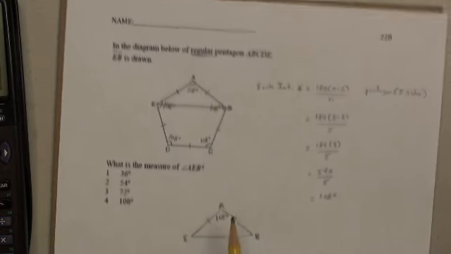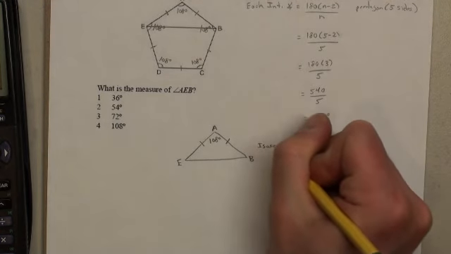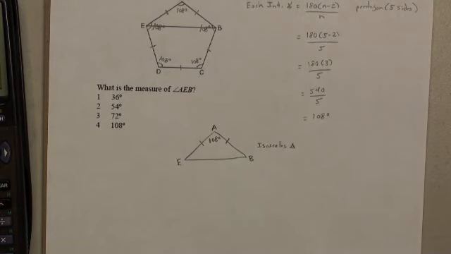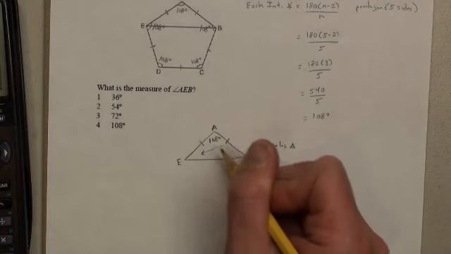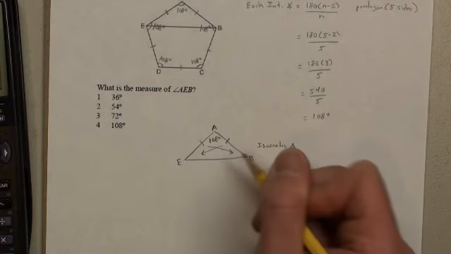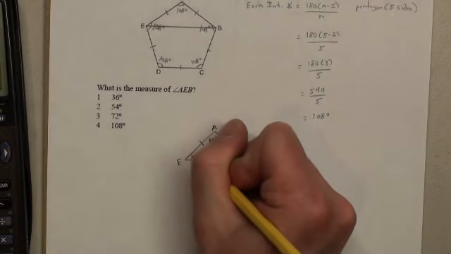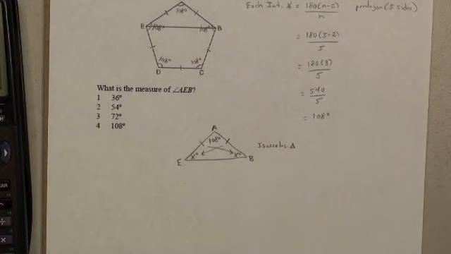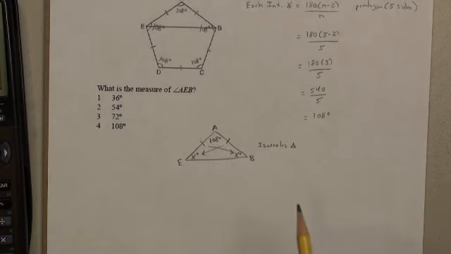But if we look at this triangle, we can see that this is an isosceles triangle because 2 of the sides are congruent. So that means that these 2 angles, even though we don't know what they are, we know that they're the same. So let's call it x degrees and x degrees. And we know that all the angles of a triangle add up to 180.